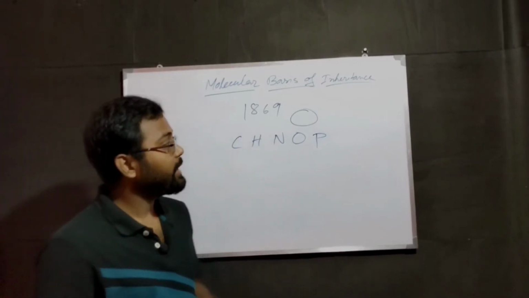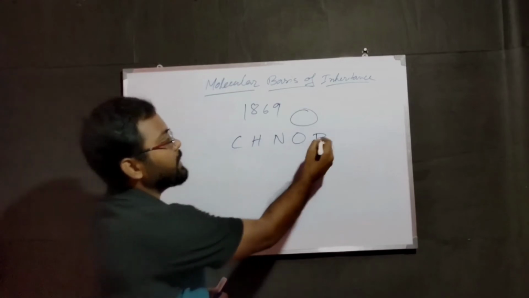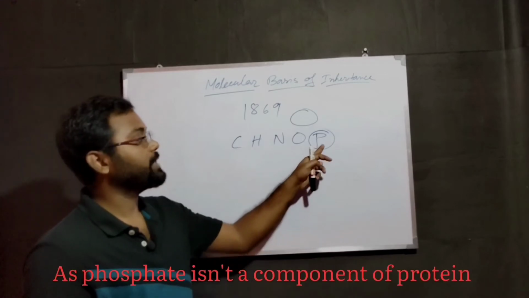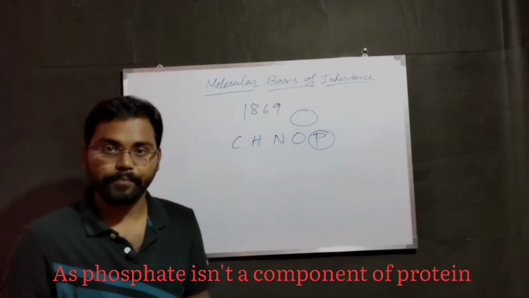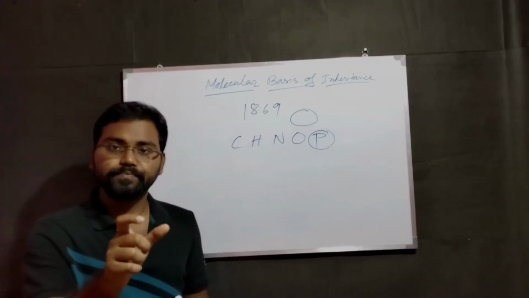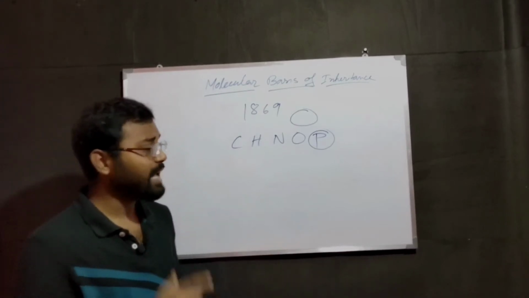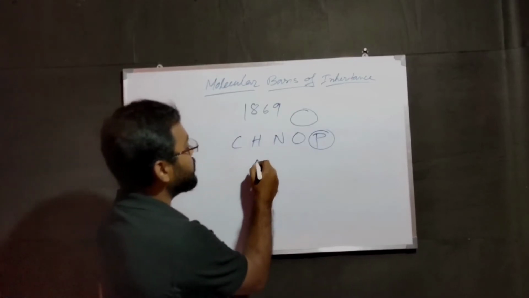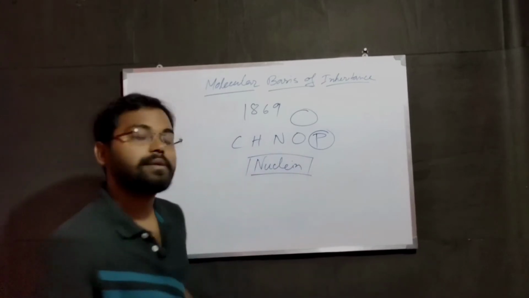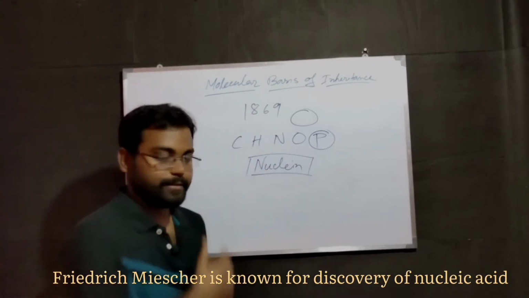He thought that the substance is protein, but this substance contained phosphorus, and this should not be present in protein. Later he found this particular substance in the nucleus of every sample that he studied, and that's why he named it nuclein, as it is present in the nucleus, and that's why he is credited for discovering nucleic acid.